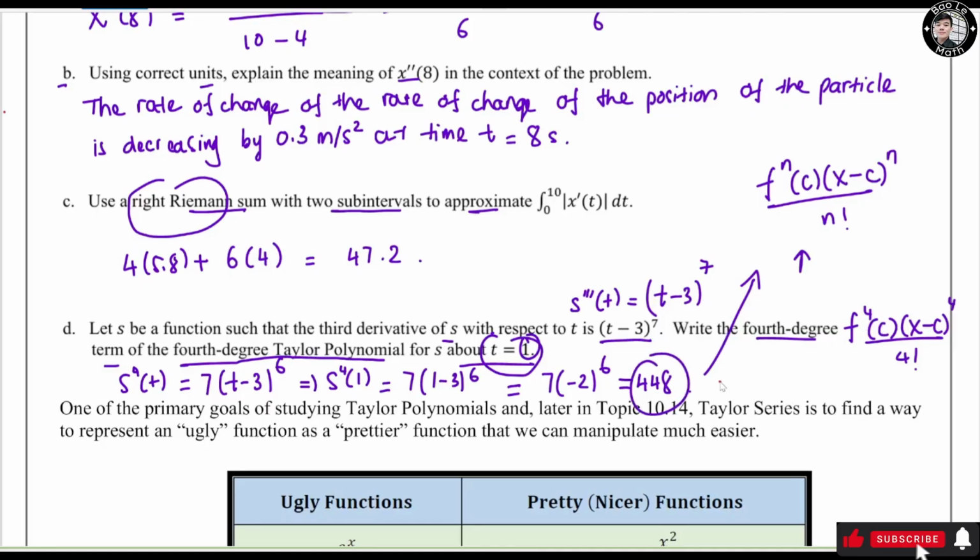So we have 448 times (t minus 1) to the 4 over 4 factorial. Now we need to simplify, so it could be 448 times (t minus 1) to the 4 over 24. So divide the top and bottom by 8. So it could be 56 over 3 times (t minus 1) to the 4.